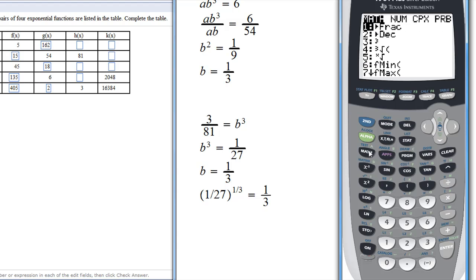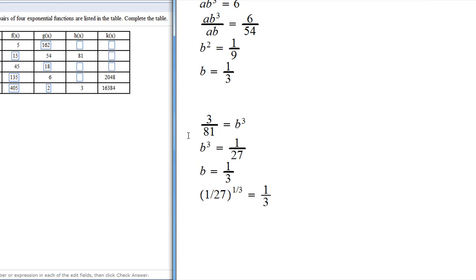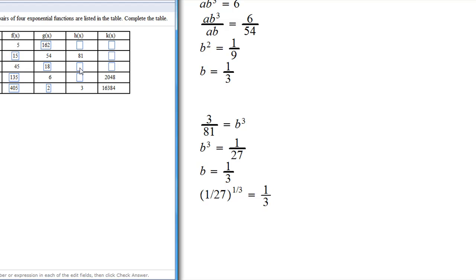You just go to math and you say fraction, and it gives you 1/3. So our base is 1/3. That means here this value will be 81 over 3 is 27, over 3 is 9, and this is going to be 3 times 81, so that will be 243.